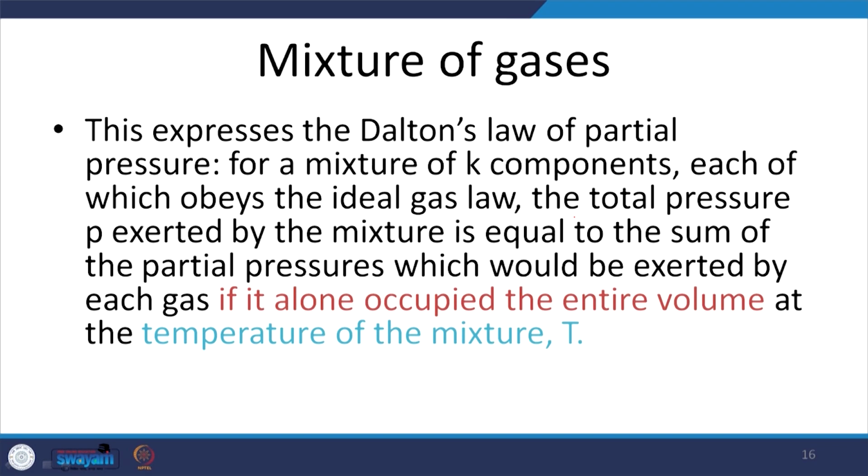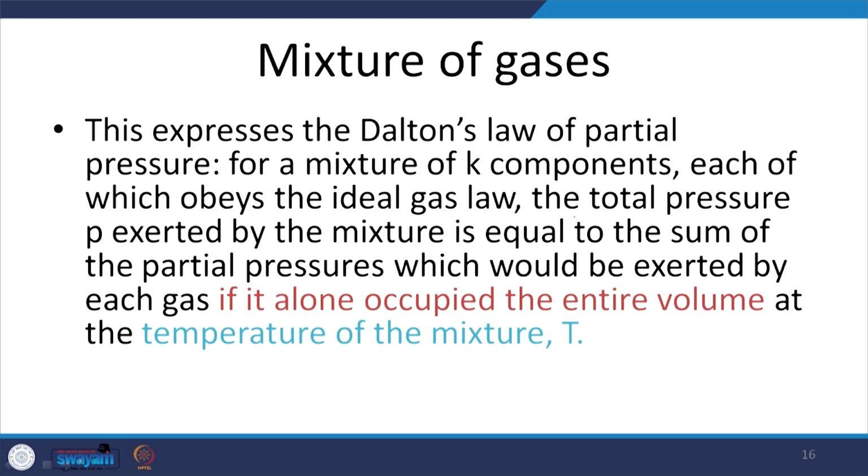So, this idea is expressed by Dalton's law of partial pressures, which states that for a mixture of k component gases, each of which obeys the ideal gas law, the total pressure P exerted by the mixture is equal to the sum of partial pressures which would be exerted by each gas if it alone occupied the entire volume at the temperature of the mixture of the gas, right.